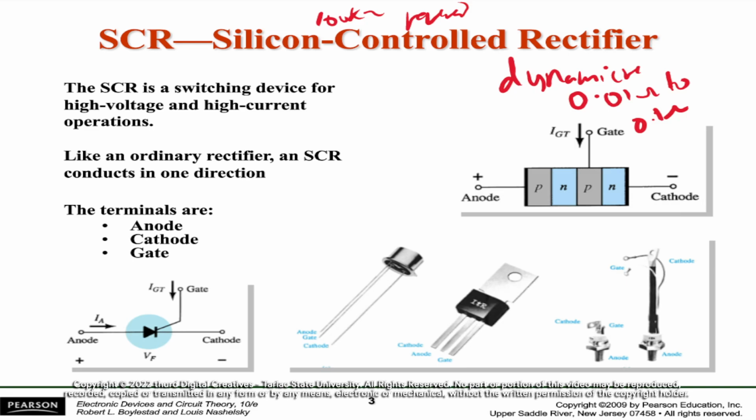So pansinin niyo lang, siya is a diode na nilagyan lang ng gate for the trigger. Okay? And then kapag tinignan natin yung layer by layer niya, ito yung basic construction ng silicon control rectifier natin, which is PNPN. Okay? So this is the basic construction niya.